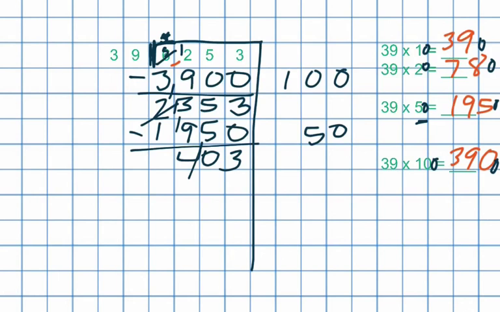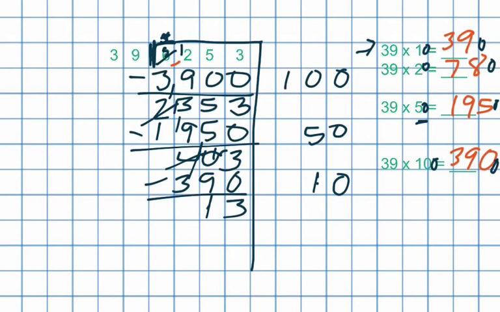Now I have 403. Look, I can take out 390. When I do my subtraction, I get 13. Okay. Now, 39 times what equals 390? 39 times 10.